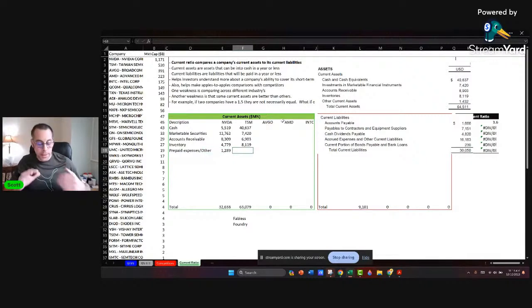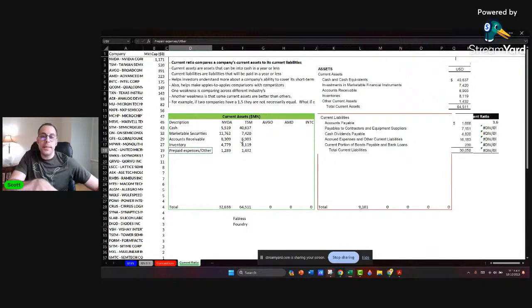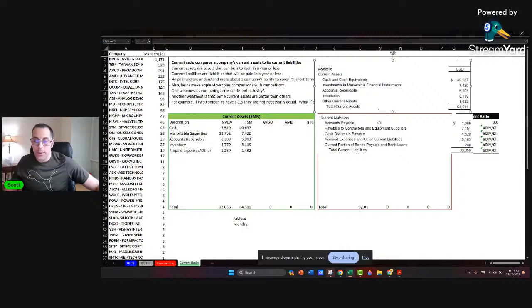I want to be able to explain everything if anybody ever asks, because it's good for me to know. I can't tell you which expenses this 1.3 billion represents, but I could tell you what a prepaid expense is, and I have a good idea what it probably is, but I don't know exactly.